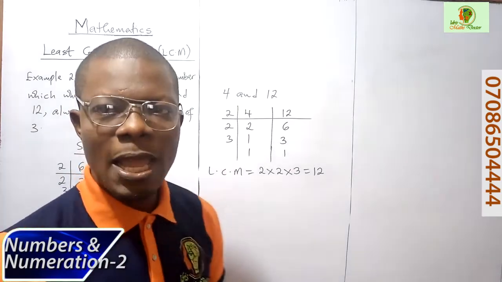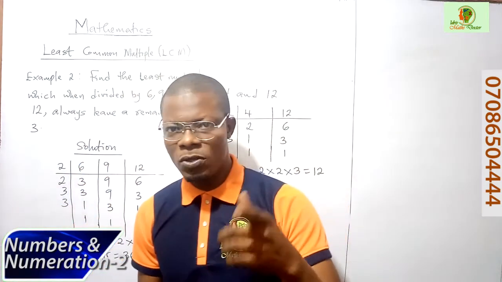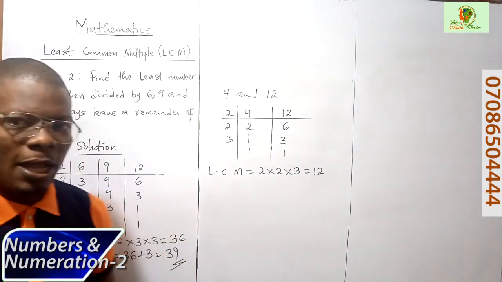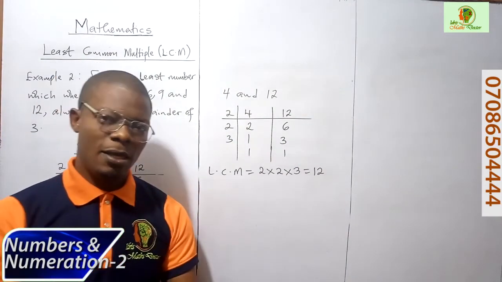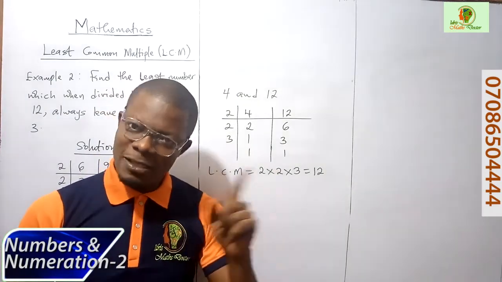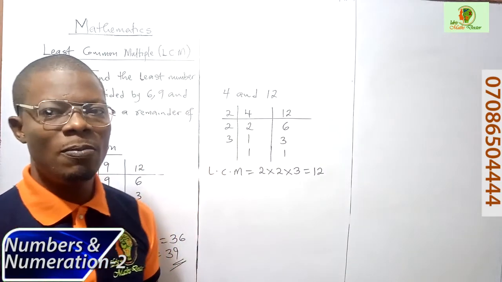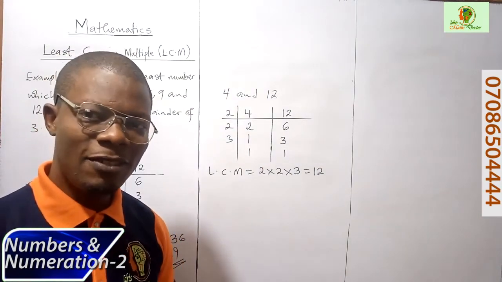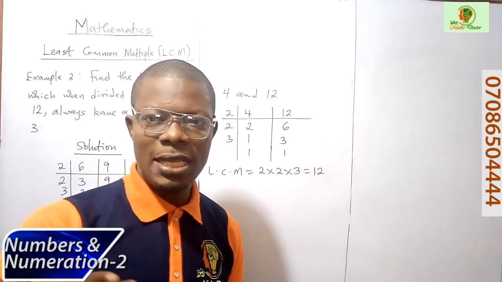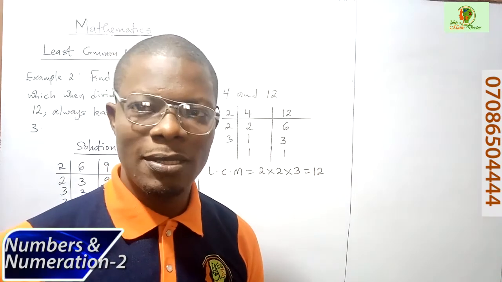So the LCM can be the highest among the given numbers, or can be greater than the given numbers. The LCM of 3 and 5 is 15, which is greater than the given numbers, while the LCM of 3 and 6, for instance, will be 6, which is the highest among the given numbers.